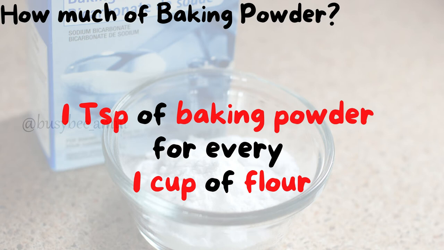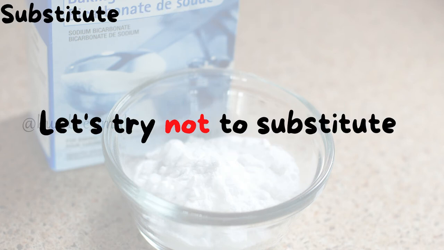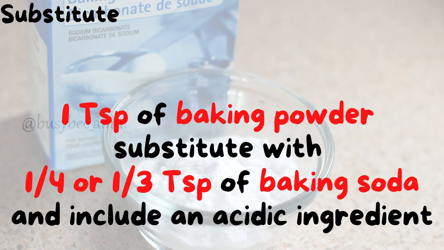So how about substitution? The general idea is to try not to substitute. We can plan the recipe in advance and make sure that we have either the baking soda or baking powder in hand before proceeding. But usually it doesn't work that way, right? So in case you have baking powder but the recipe demands baking soda, or vice versa, what should we do? From what we have understood, we can quickly convert and say that every 1 teaspoon of baking powder can be substituted with 1/4 of a teaspoon of baking soda.